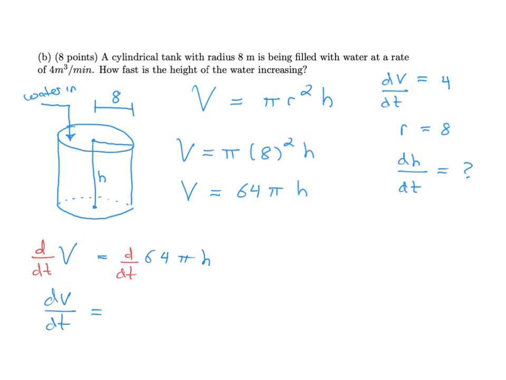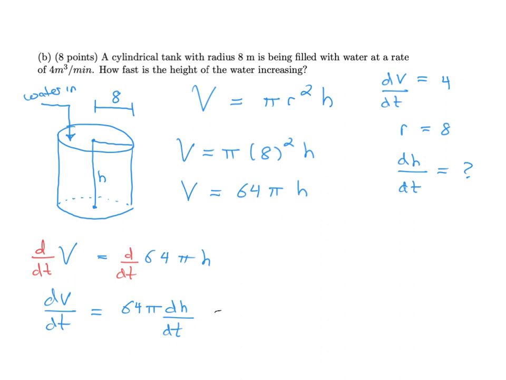On the right, this is a constant, so I'll ignore it for now, and we have h. The derivative of h with respect to t is simply dh/dt, and then we multiply this constant back. So we get 64 pi dh/dt. So if you know this rate, then you can use it to find this rate.